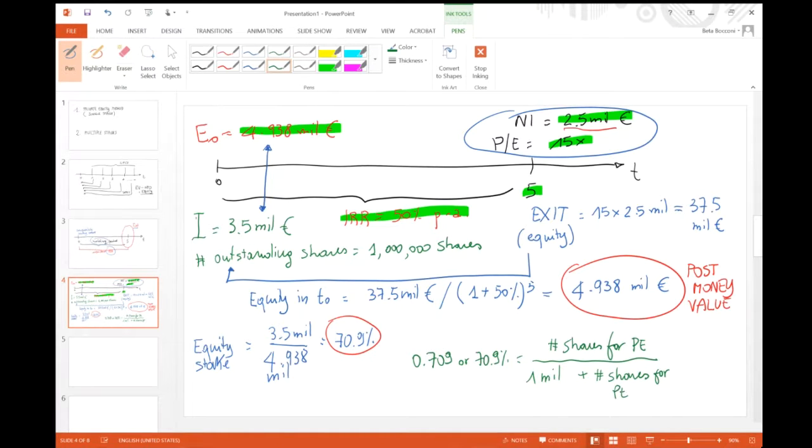So our X in our equation is this amount and this amount.